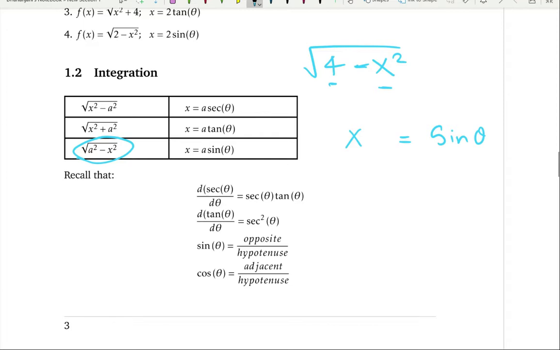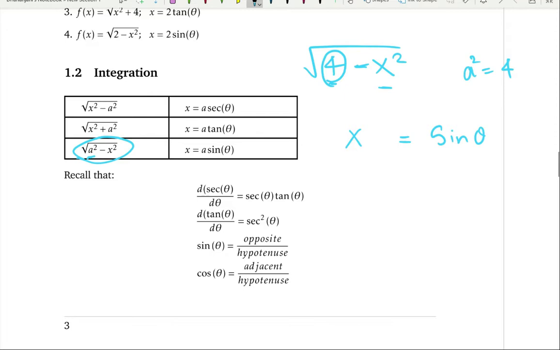Okay, now what is a? Decide a very carefully, because if you choose the wrong a, then you're going to mess up the whole problem. So what is a? Here you have a squared in the square root, so this is supposed to be a squared. If a squared is 4, what is a? a is 2, right?